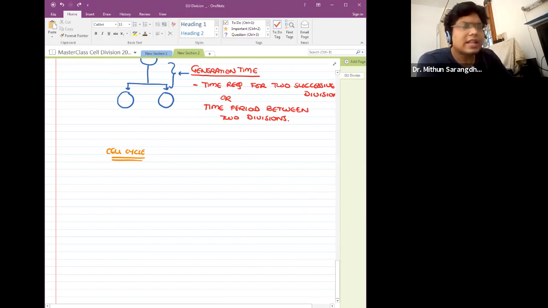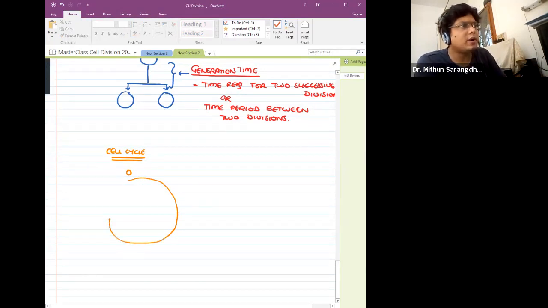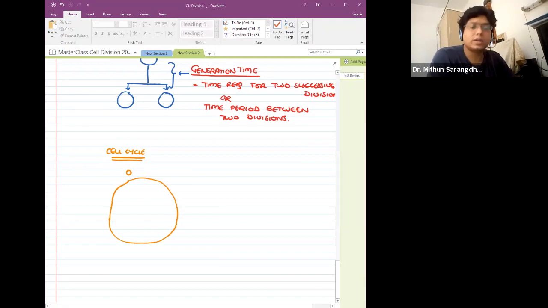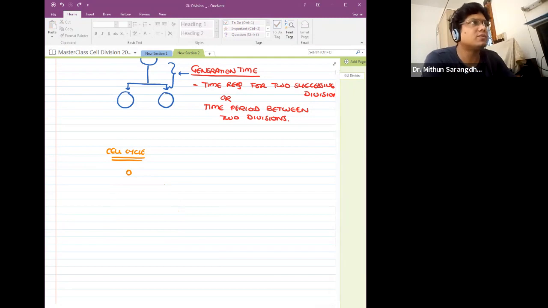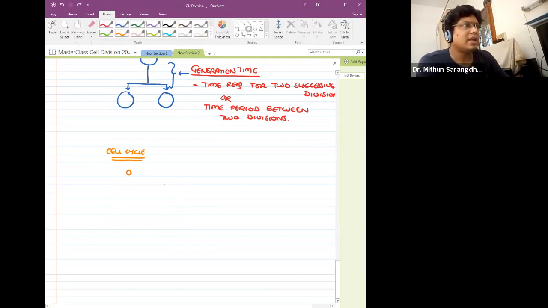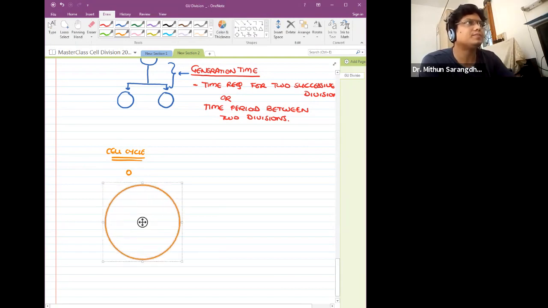Let's imagine the cell starts its journey right from here. The cell has to undergo various events, and then ultimately it is going to land up right back at the same place. Basically it starts somewhere with its life and ultimately has to end at the same place. That is why we call it a cycle.